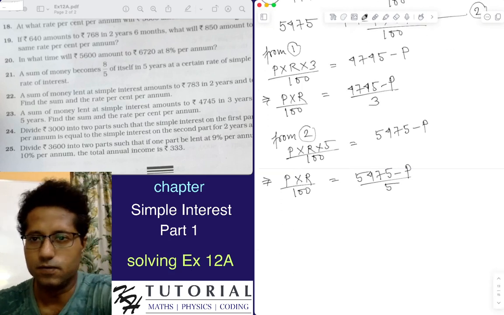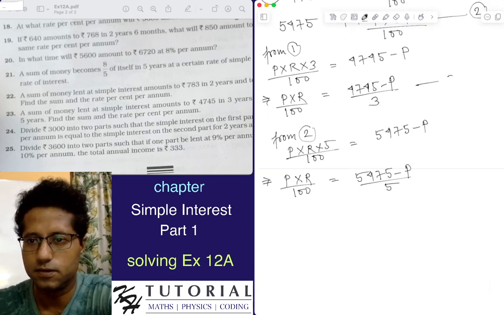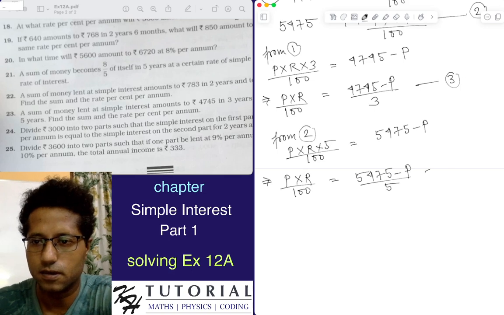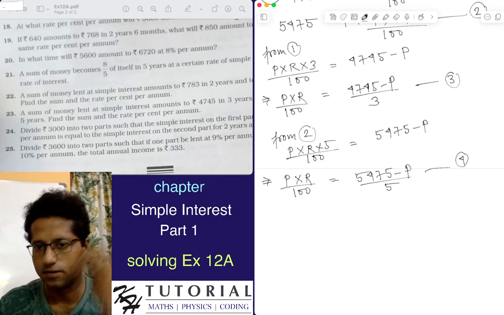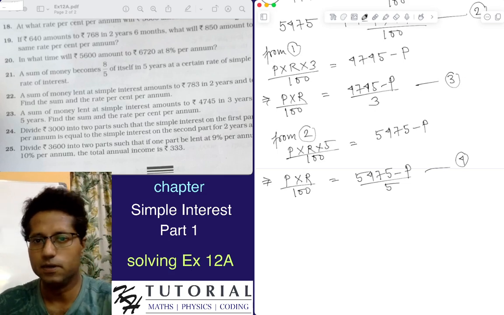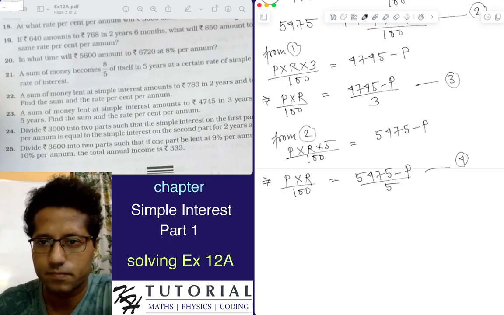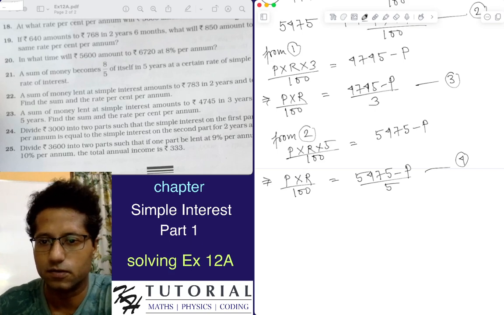Let this be equation 3, and let this be equation 4. Now from 3 and 4, since both P into R by 100 are the same, we can equate the right hand side of 3 and 4.